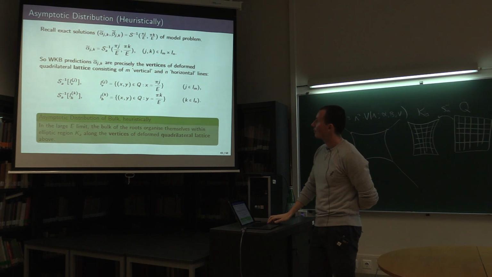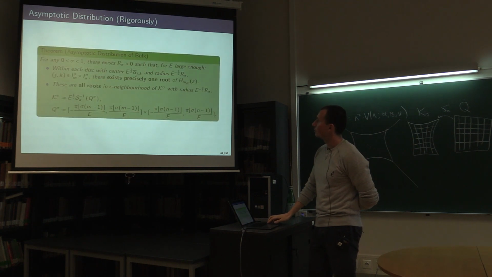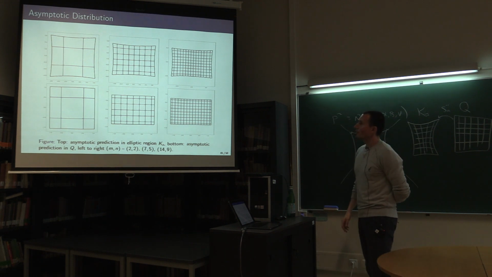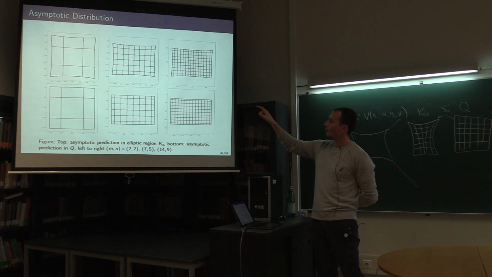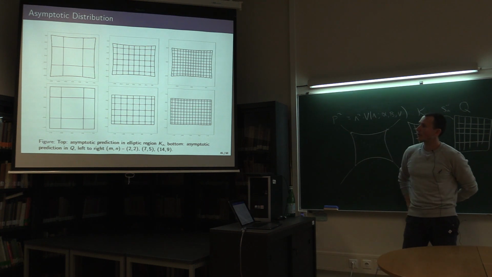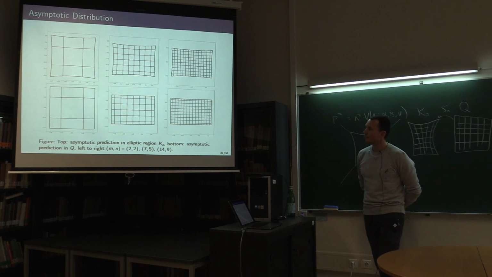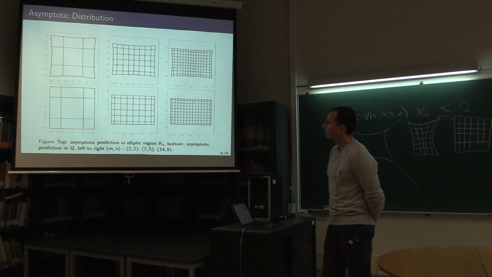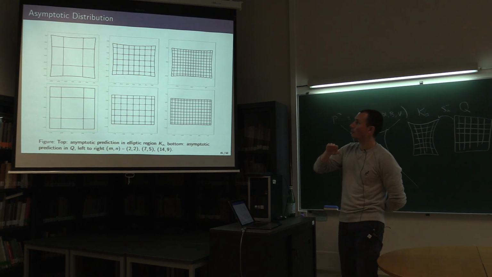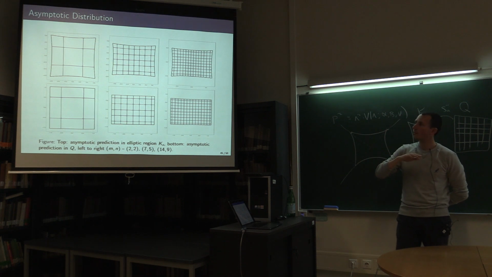And so I'll just show it in a picture first, perhaps. So here below we have the quadrilateral Q, and above the elliptic region. And you see in the elliptic region in purple we have the deformed quadrilateral lattice.